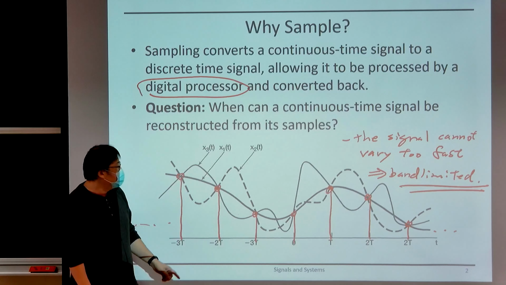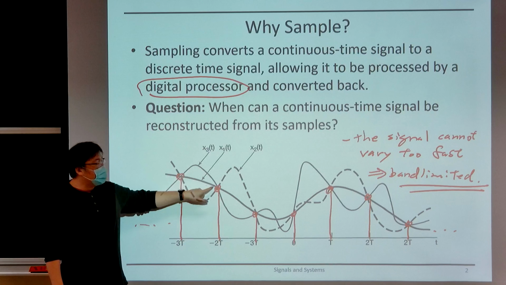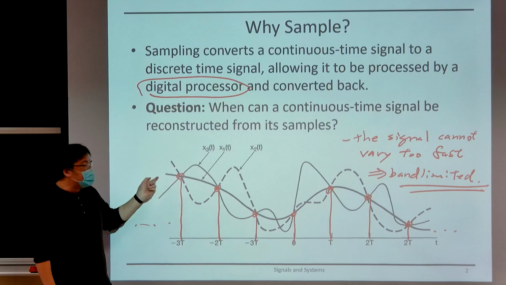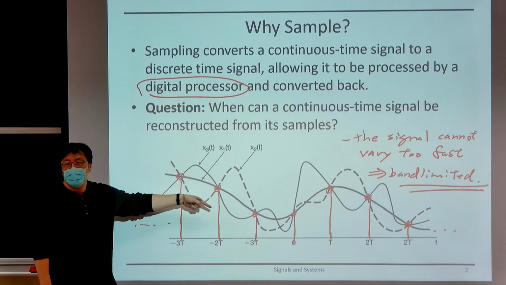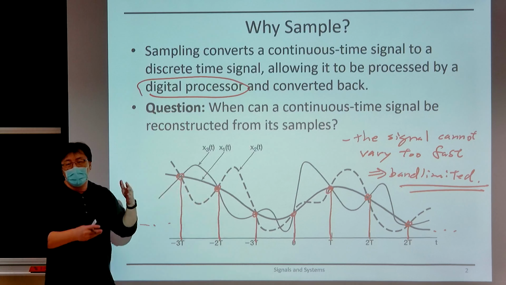Now, if we can use these discrete samples to represent the continuous time signals, then we can process whatever we want to process in discrete time rather than in continuous time.